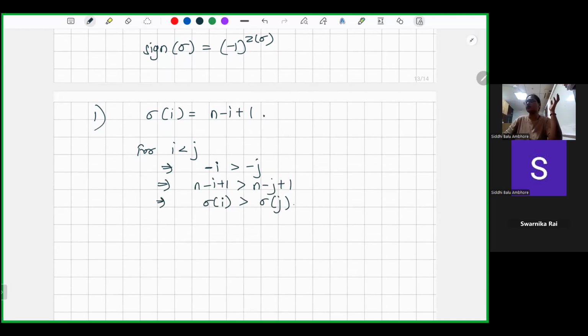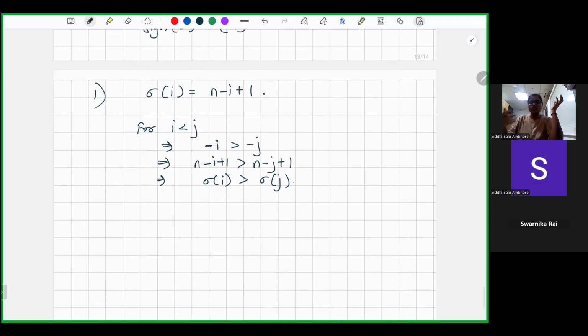Just basic calculation. So each pair i less than j will give us an inversion, right?